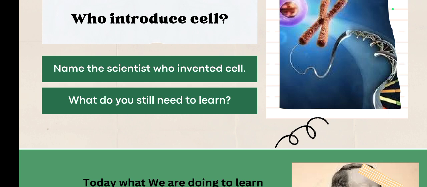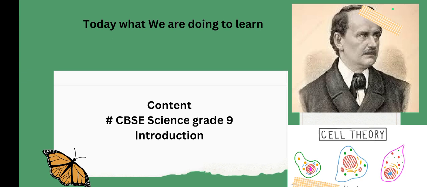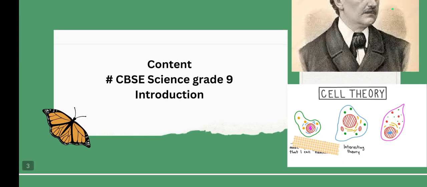And now we can learn how this cell theory was introduced. He is the scientist who introduced the cell theory, and during its introduction he gave three statements. The first one is that the cell is the unit of structure of all plants and animals, which are composed of cells. The second is that the cell is a unit of function, as all the metabolic reactions take place inside them. Metabolic means the breakdown of complex substances into simple forms.